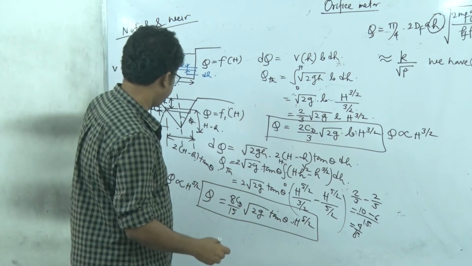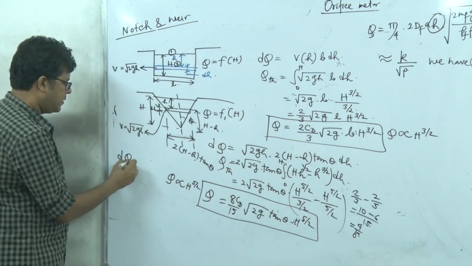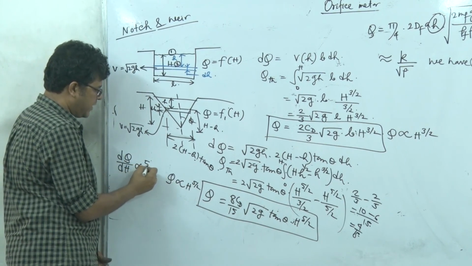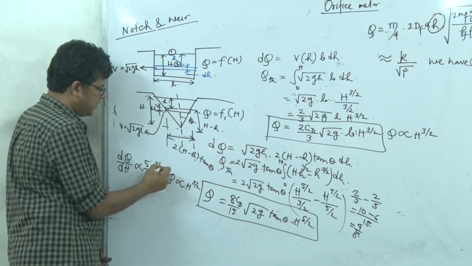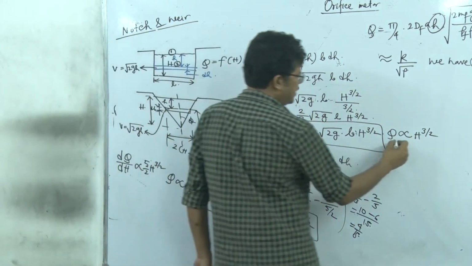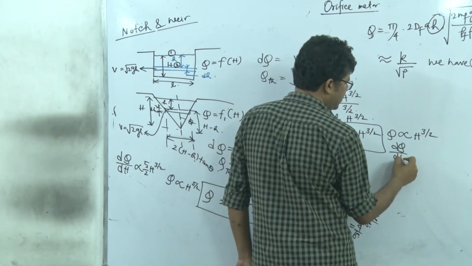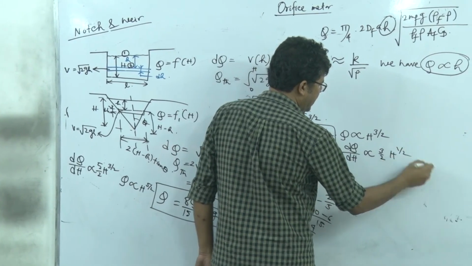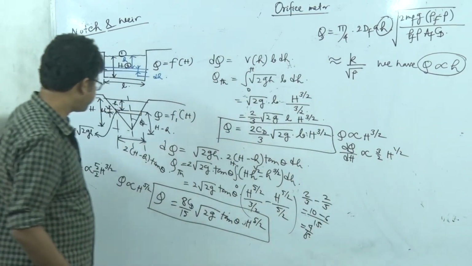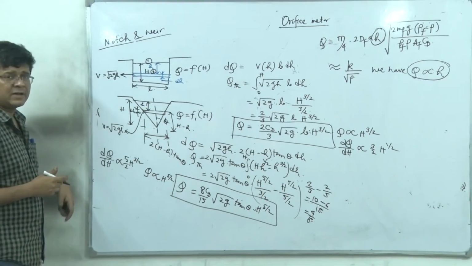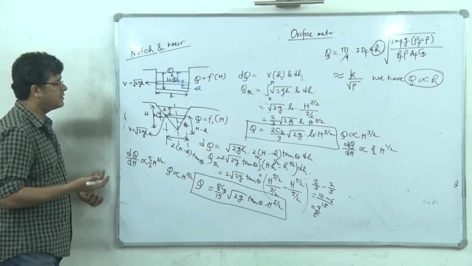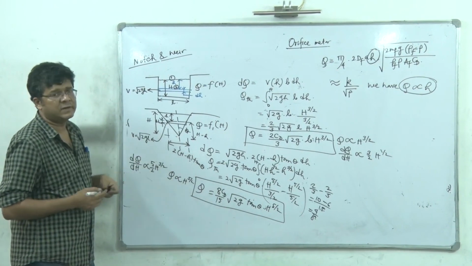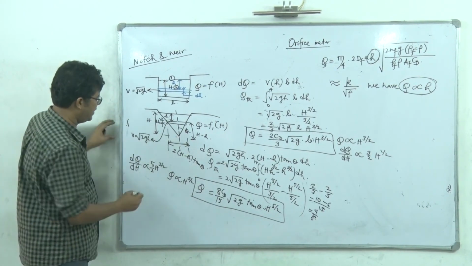Now you see that here dQ/dh is proportional to 5 by 2 into h to the power 3 by 2, whereas here dQ/dh is proportional to 3 by 2 into h to the power half. Right? So triangular notches are more sensitive, right? Here the sensitivity of Q towards the change in h is much higher.